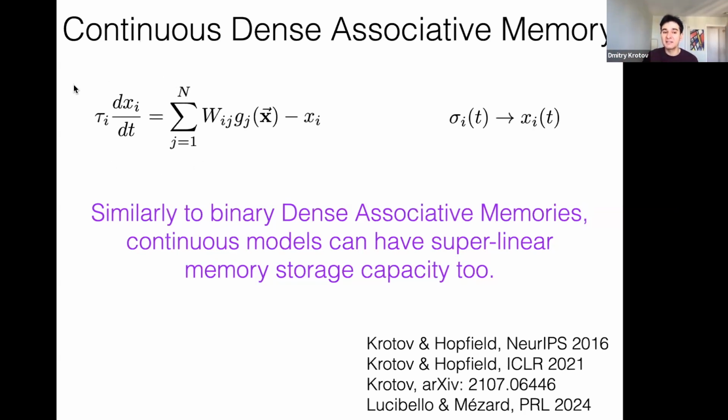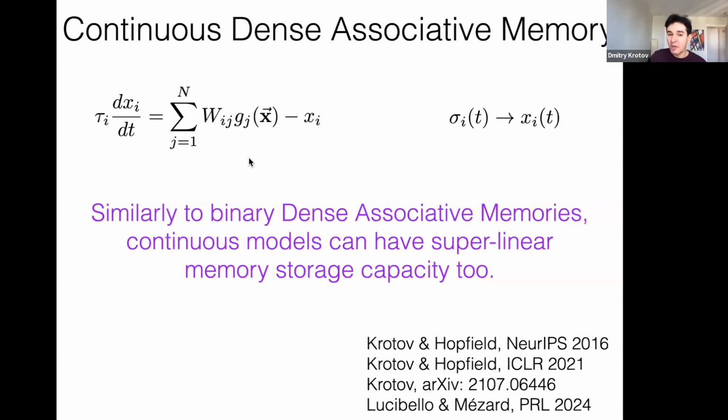So we're going to write something like dx/dt on the left-hand side of the equation, and some synaptic weights w and some nonlinear activation functions g on the right. But by and large, these are pretty reasonable models, not unlike the firing rate models in neuroscience.